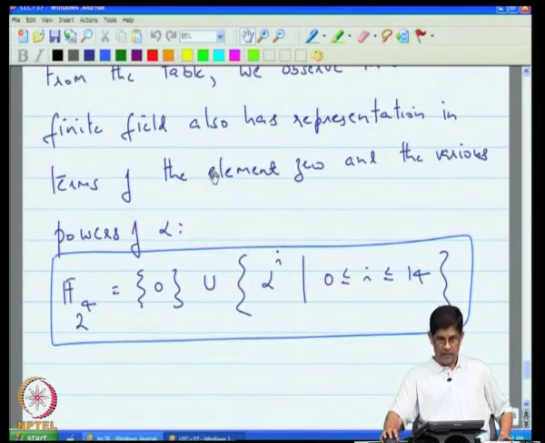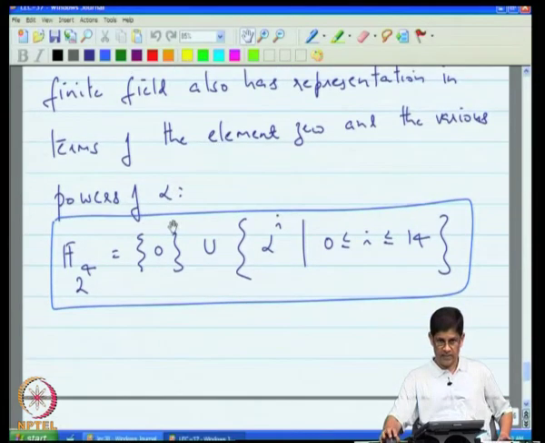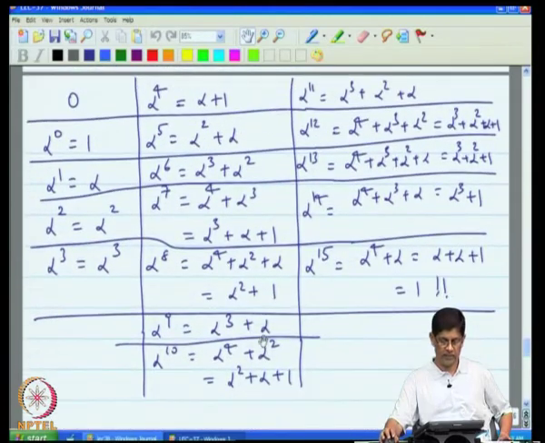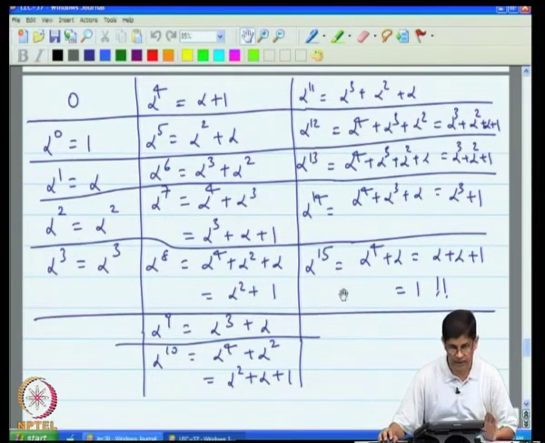What the lemma says is that in a finite field of 16 elements, the maximal possible order that any element can have is 15. And what this table is saying is that alpha here has order 15, so it has maximal possible order. So, we have identified an element of maximal possible order.